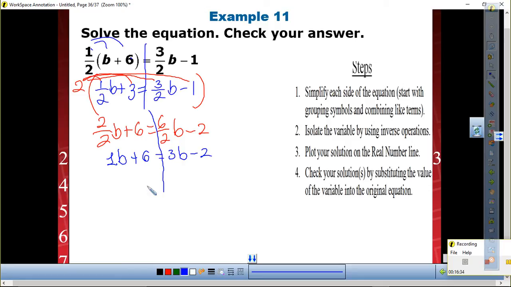Julian, question. I didn't do simplification of it. I did it with the actual half fraction. Okay, that's fine. You just do more work. Right there, I did 1/2 B plus 3 equals 3/2 B minus 1.